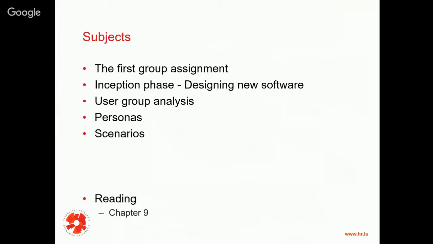And the reading is chapter 9 from this book, Rapid Contextual Design. It's on personas. And they talk briefly also about scenarios. The user group analysis is from actually software analysis and design course, but I will go briefly through it too.